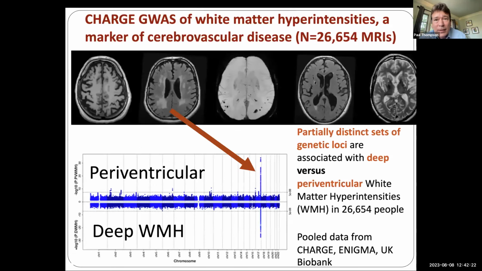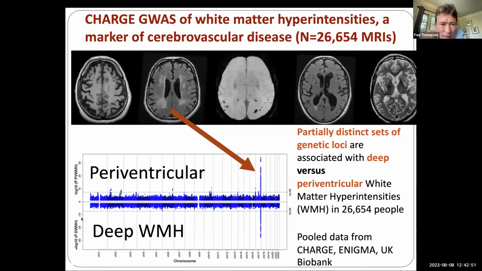What is quite interesting about it, this is work with lead author Paul Nyquist, is that if you were to segregate the white matter hyperintensities by region of the brain into periventricular and deep white matter hyperintensities, and this is in data pulled from CHARGE, a little bit of data from ENIGMA, not much, and UK Biobank, you'll see partially distinct sets of genetic loci, which I think motivates the deep phenotyping in the imaging.